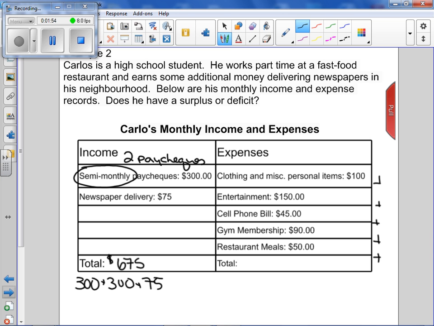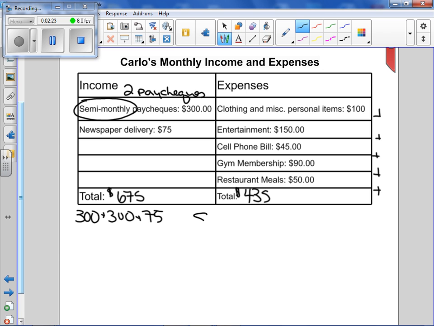So 100 plus 150 plus 45 plus 90 plus 50 gives me a grand total of 435. So what I learned is that he is definitely spending less than what he is earning. So he is going to have a surplus, right? He earns more than he spends.